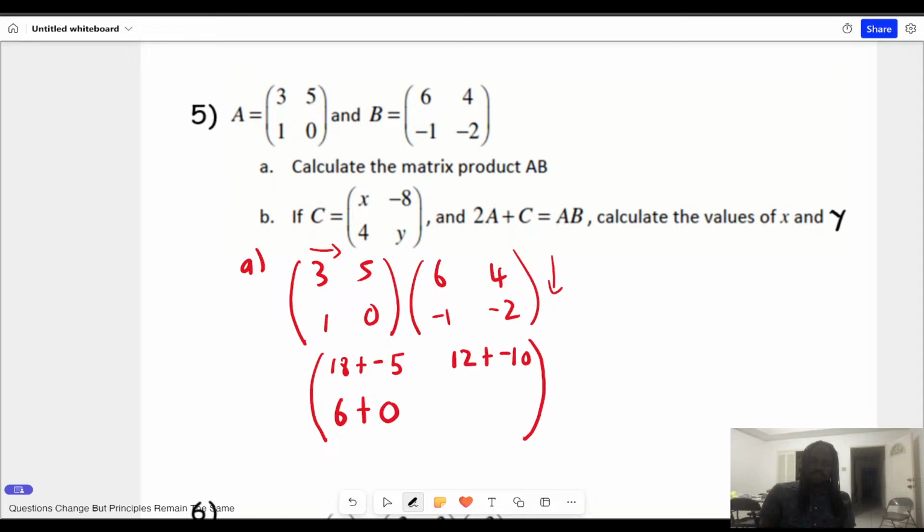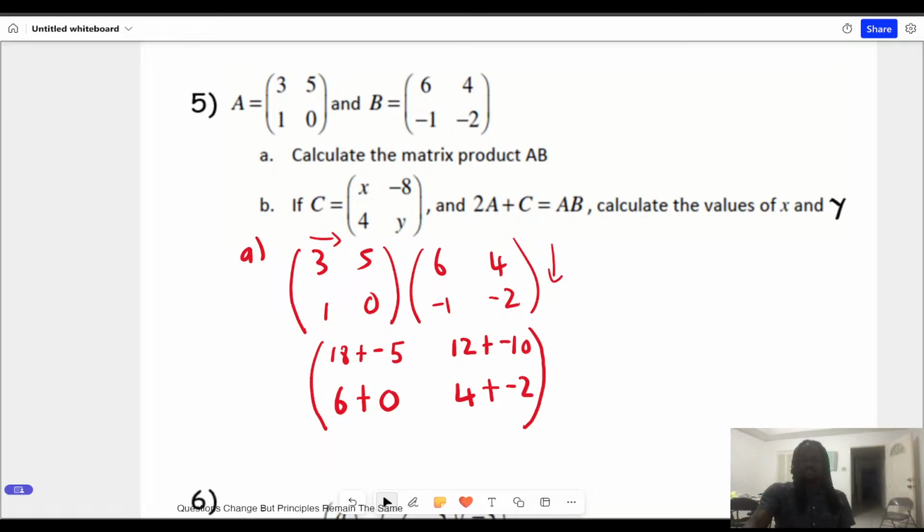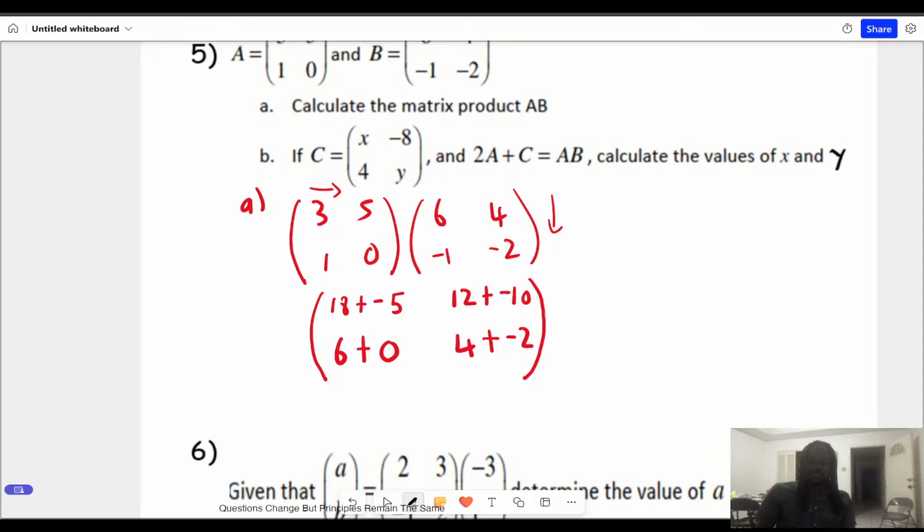Then 1 times 4, plus 0 times -2, that gives me -2. To get my final answer, I simply add those all together. 18 plus -5, 13. 12 plus -10, 2. 6 plus 0, 6. 4 plus -2, that gives me 2.